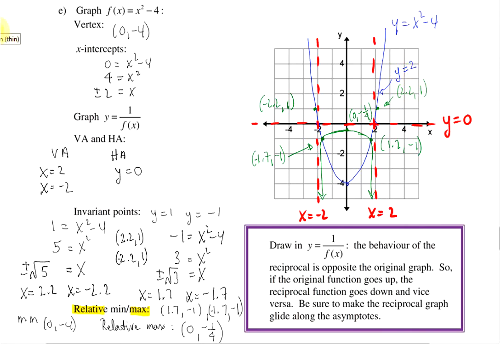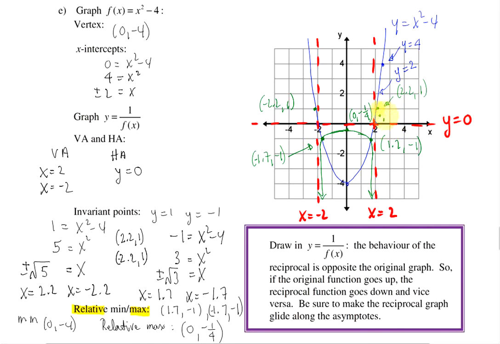If we want an opposite behavior, then we want the reciprocal of the 2 to graph a point for our reciprocal function. So if y is 2 right here, then our reciprocal function is going to have a y value which is 1/2, and so it's going to be around here. And we can even go up a little higher and say that we have a y value which is 4, and then the reciprocal of 4 is a quarter, so we can bring down a point to where y is about a quarter, which is there.